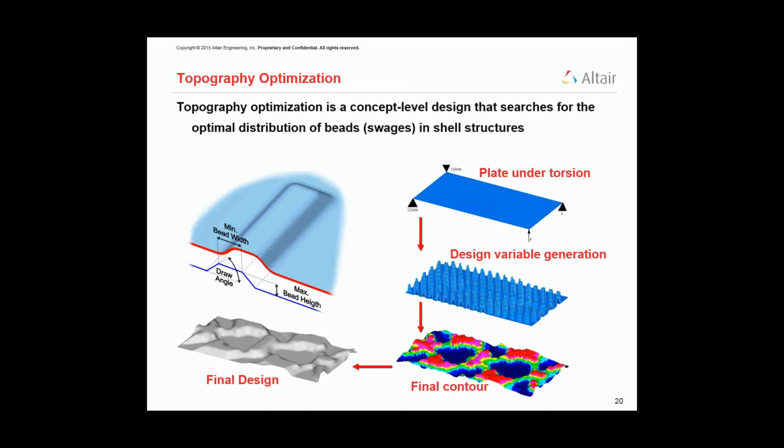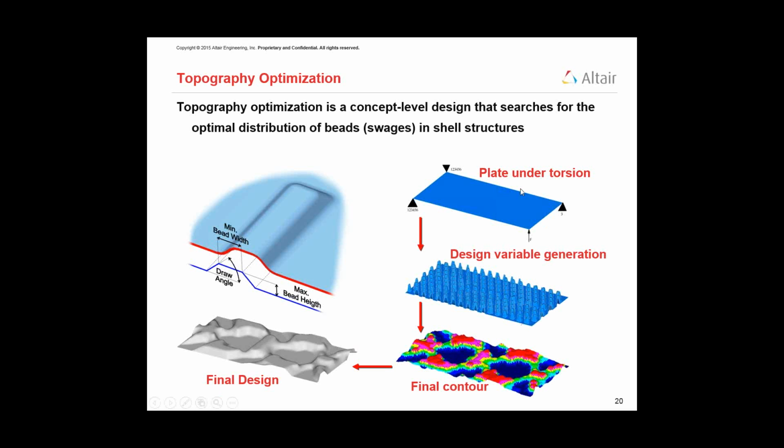So if you think about a flat sheet of material, the only thing that separates a perfectly flat sheet of material from a plate with a bead in it is the nodal location. So each one of these represents a node, and each one of these represents a design variable from 0 up to the maximum node height, and that's how beads are created.